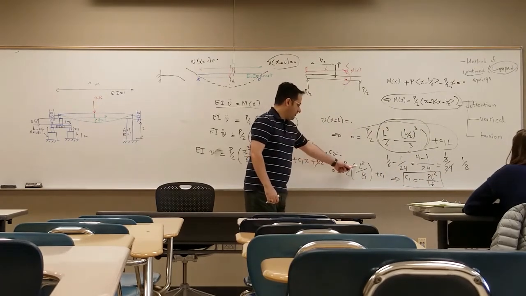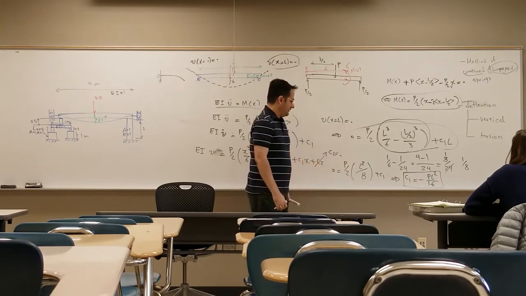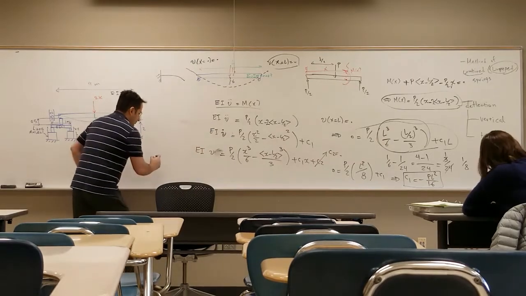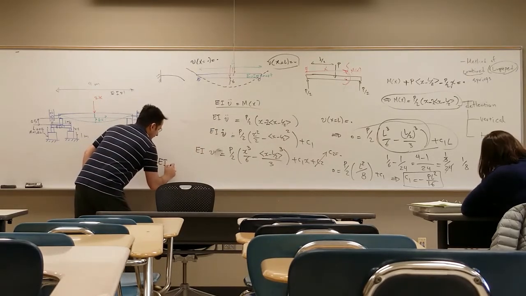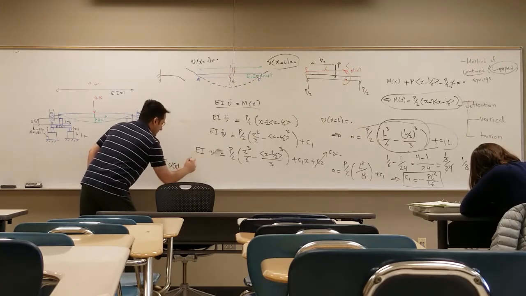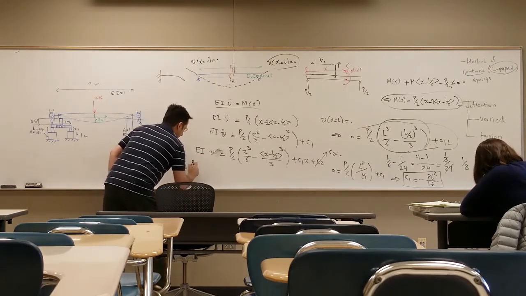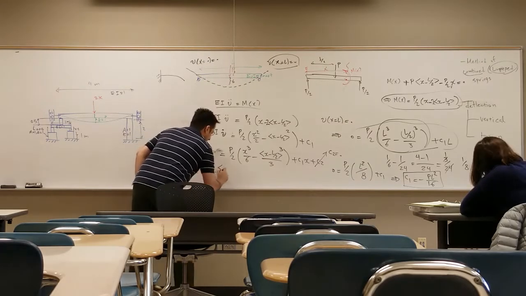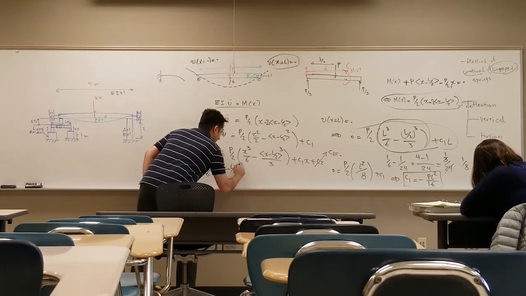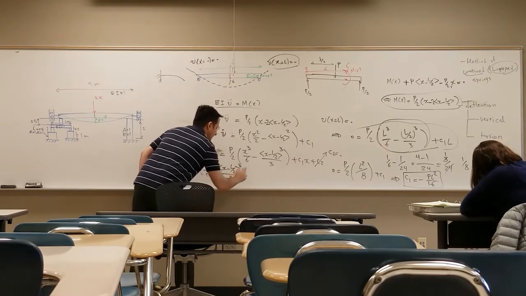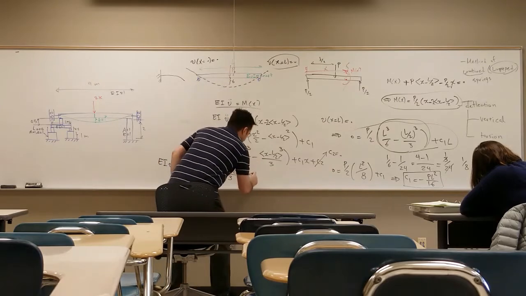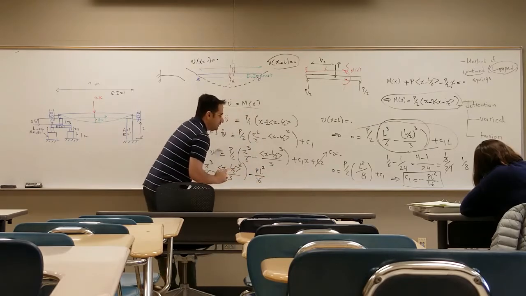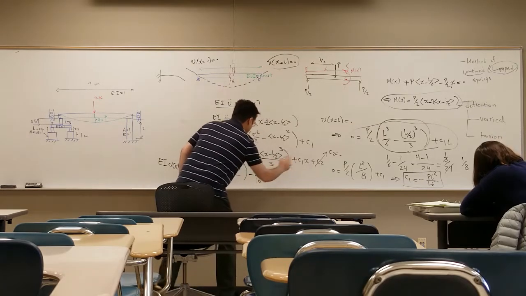So it's negative PL squared over 16. So the equation of the elastic curve that I asked for in the homework is going to be EI v at any x is equal to P over 2 times x cubed over 6 minus the Heaviside function, x minus L over 2 cubed over 3, plus C1, which is negative PL squared over 16, times x, and C2 is also 0.